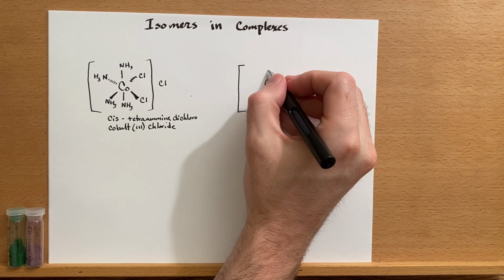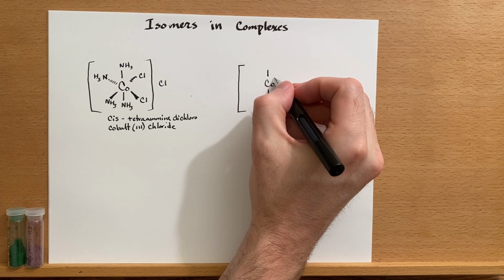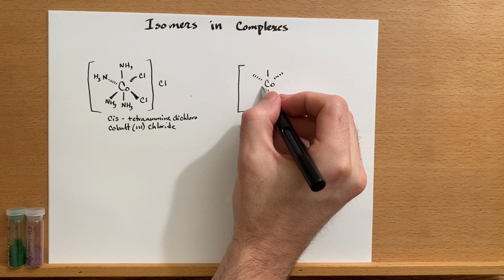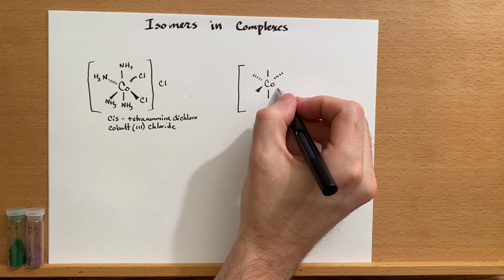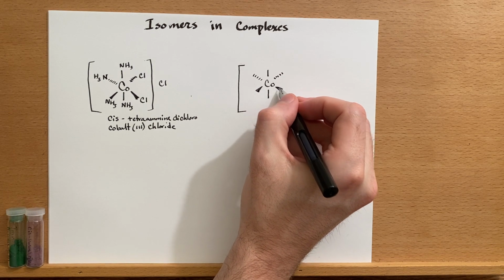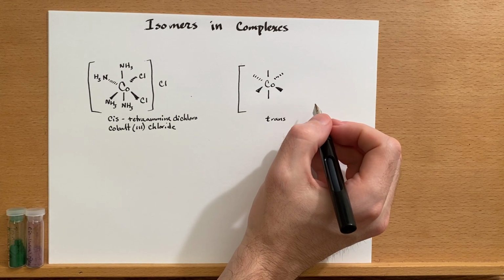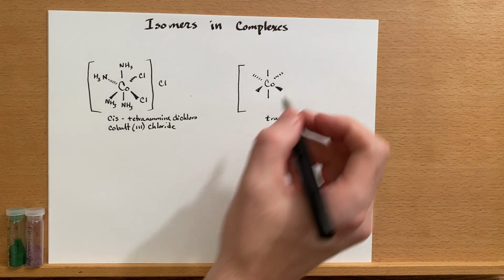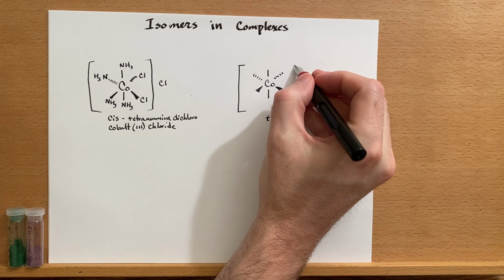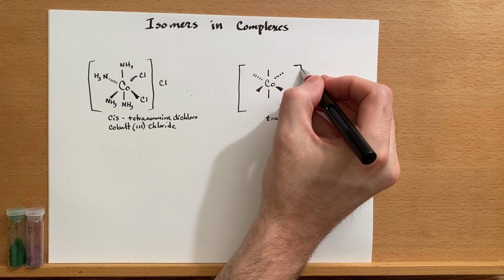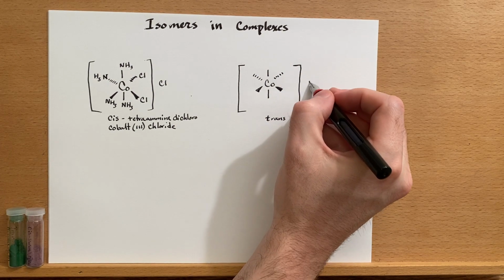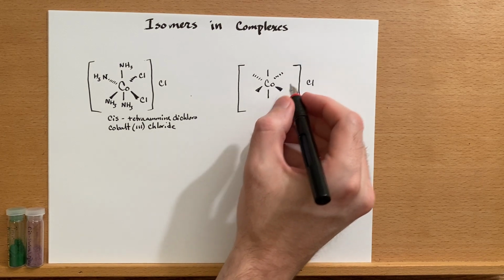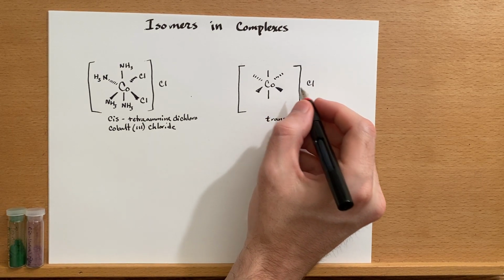So we have cobalt, just like this. Now, in this case, we need to put the chlorides on opposite sides of the metal. Still have a chloride out there. It doesn't really matter where we put the first chloride, it just matters where we put the second one.